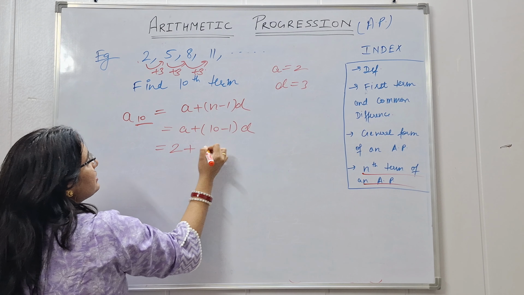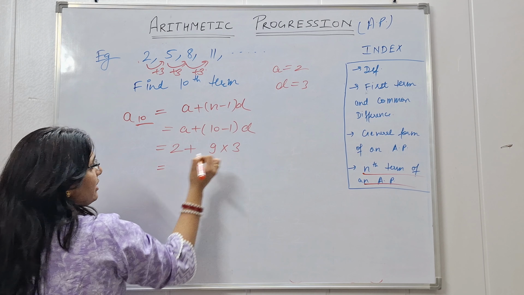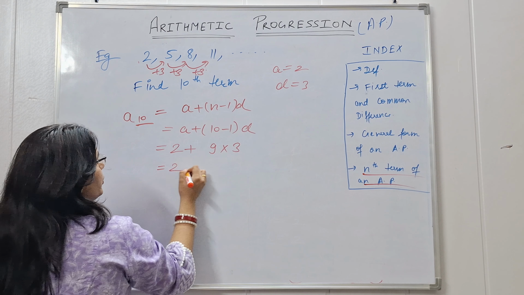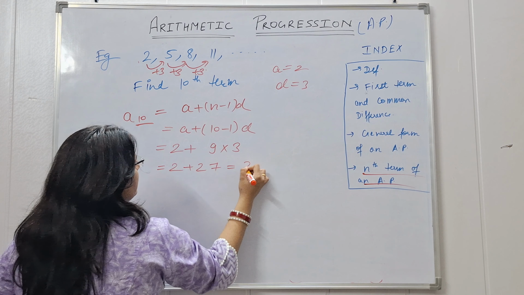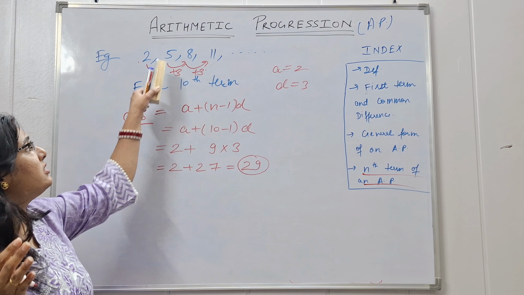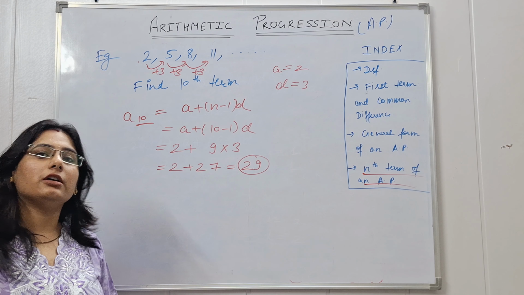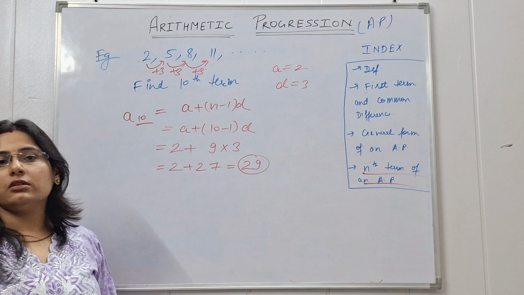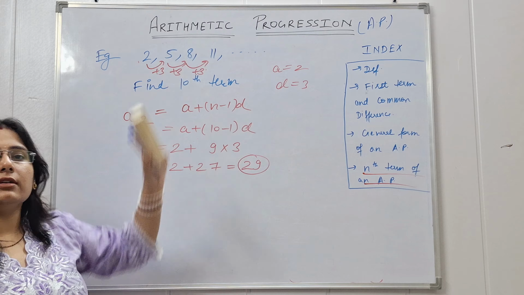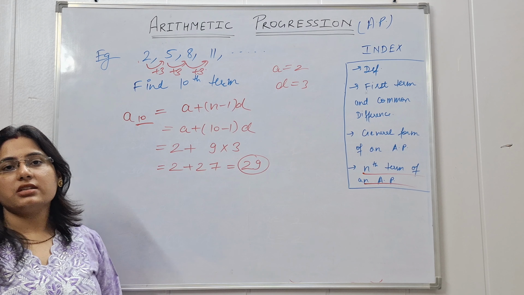So 2 plus 9 into 3. 9 threes are 27. 2 plus 27 will be 29. So without adding again and again, we use the concept of the nth term of an AP to find the 10th term of this given AP.